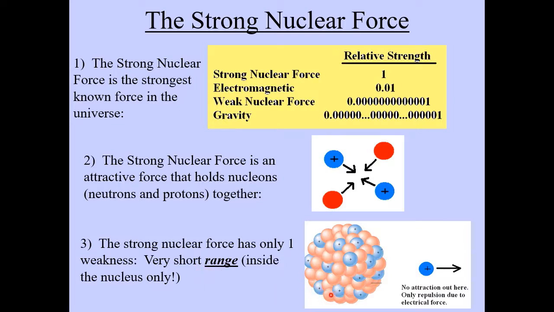So in this glob here of protons and neutrons, these protons are all relatively close together, and so they're all attracted to each other, and that's going to overpower the electrical repulsion. But if we have a proton out here that's kind of removed from the nucleus, it's far enough away that the nuclear force is not felt.